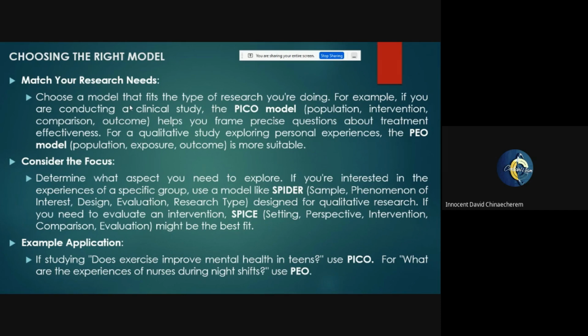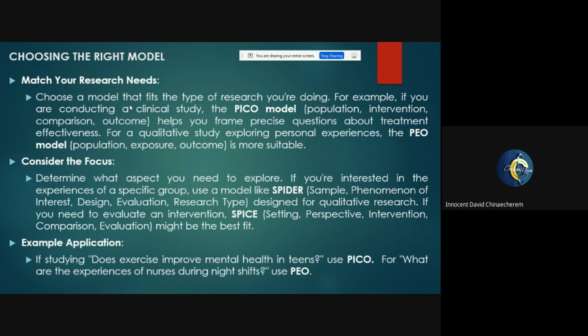So for qualitative studies, what's best? We have PEO, just like I said, population exposure outcome, very suitable. We also have SPIDER. We can use SPIDER in that sense, depending on your research. If you're listening to this podcast or you're watching this video and you're trying to conduct a research that is coming from the social aspect, right?